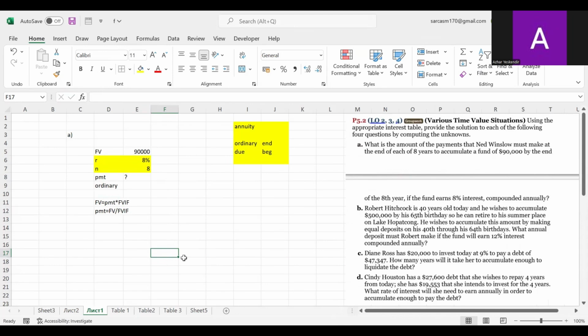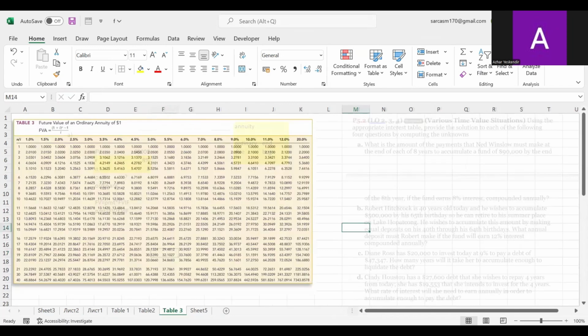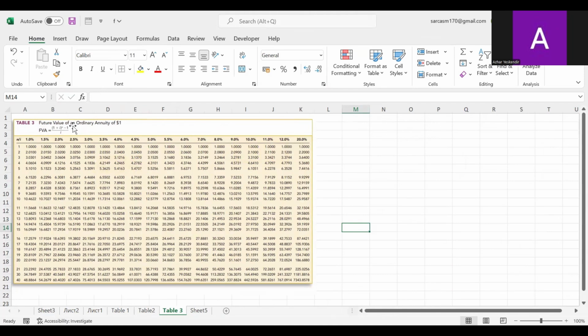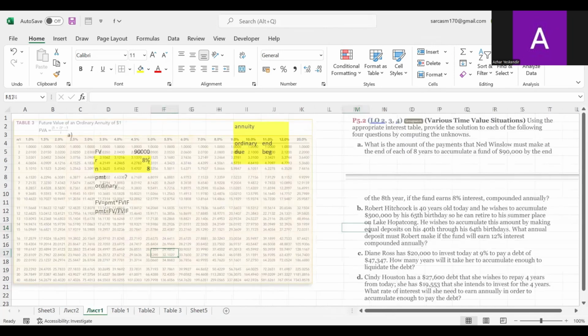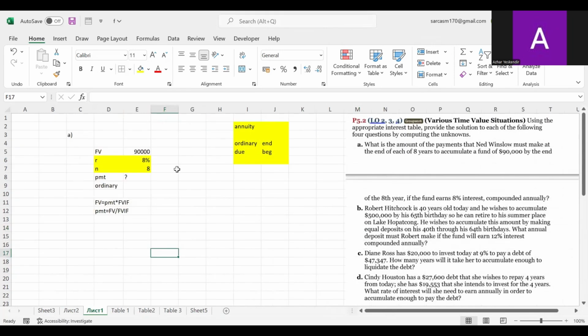What kind of table do we need to look at? It's future value ordinary annuity. We have 8 number of years and 8%. So we have to use this number, 10.6366. I hope you see it.